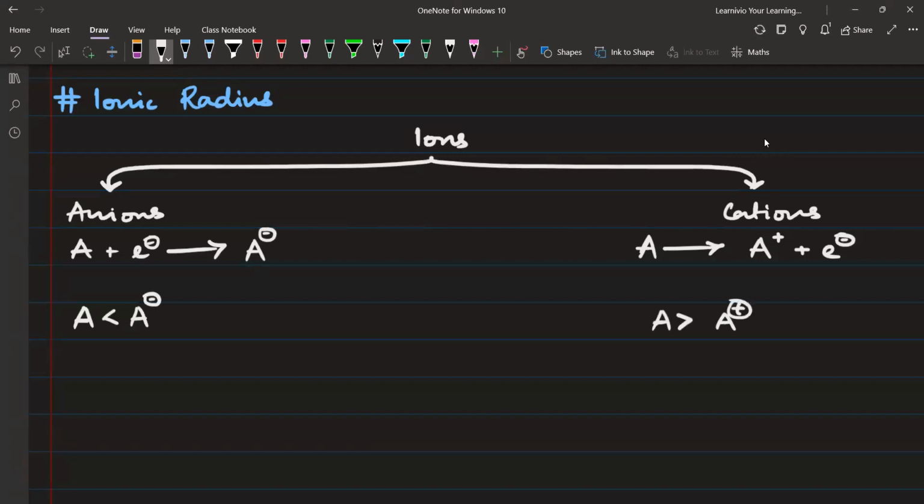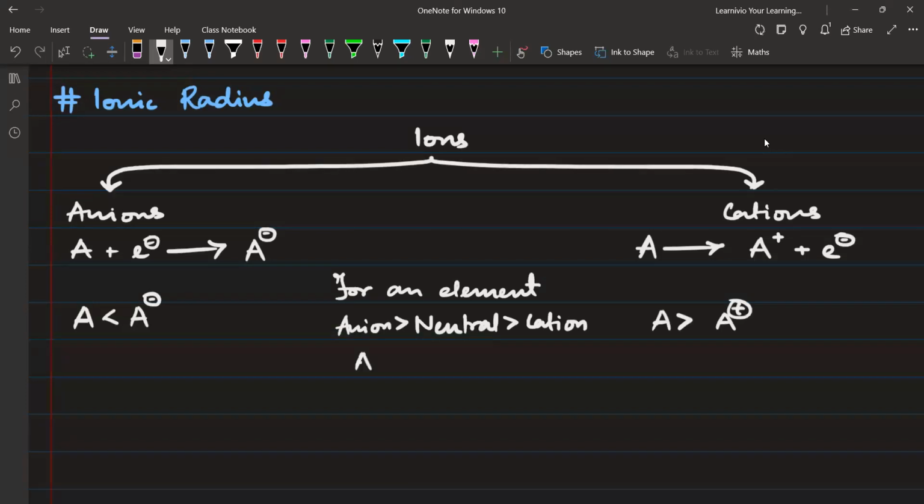So in general, for an element, the size of an ion: the anion is largest, followed by neutral, followed by cation. The cation is going to be smallest. A negative is largest, A neutral is in the middle, and the smallest will be the A cation. For an element, okay?